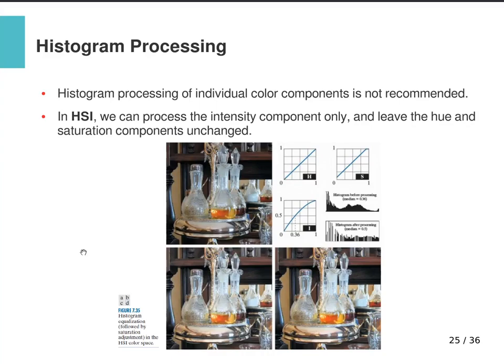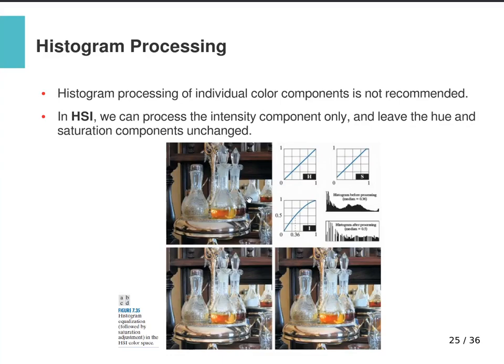In the HSI color model, what we usually do is that we only process the intensity component of the color image and leave the hue and saturation components unchanged. This is an example of performing histogram processing, or any processing on an image, in which performing that in the HSI color model is more preferred than performing it in the RGB color model, for example.